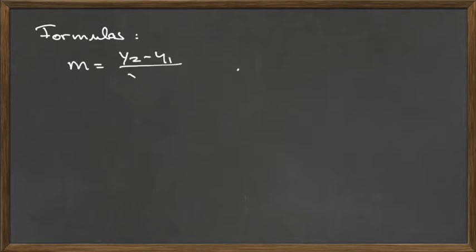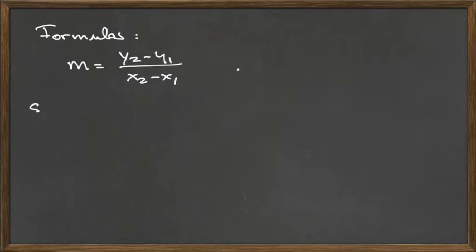Know for the final. So the formulas that should be known are, of course, the slope, m equals y2 minus y1 over x2 minus x1.